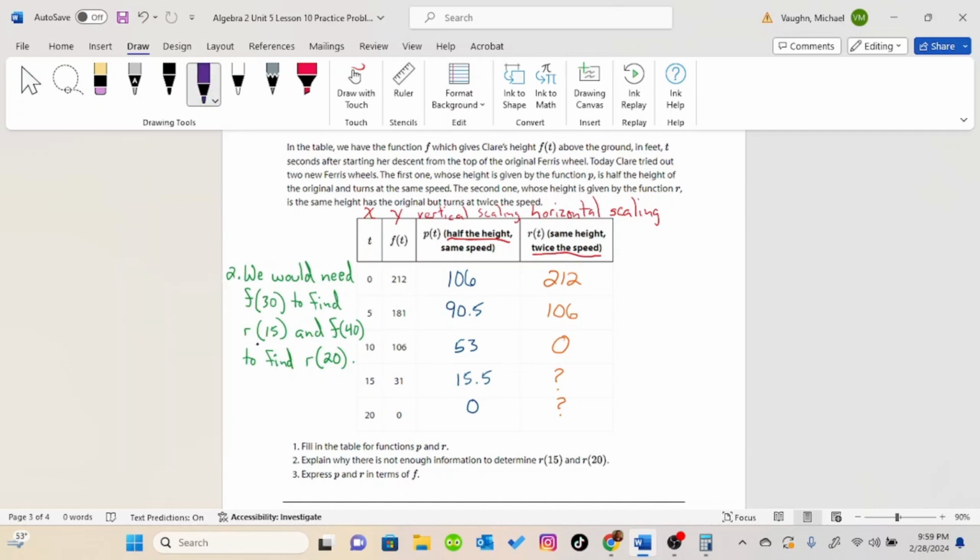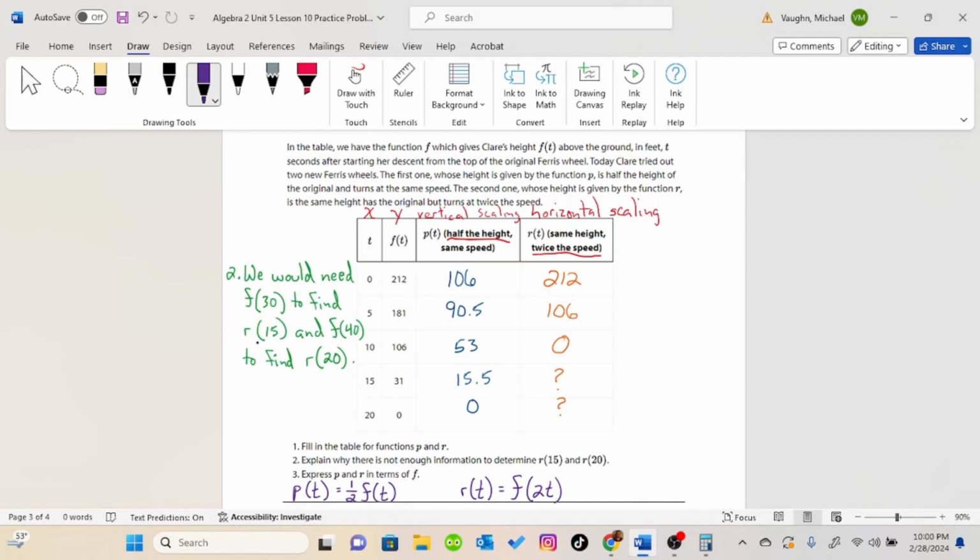And number 3, express P and R in terms of F. So P of T equals 1/2 times F of T. And R of T equals F of 2T.